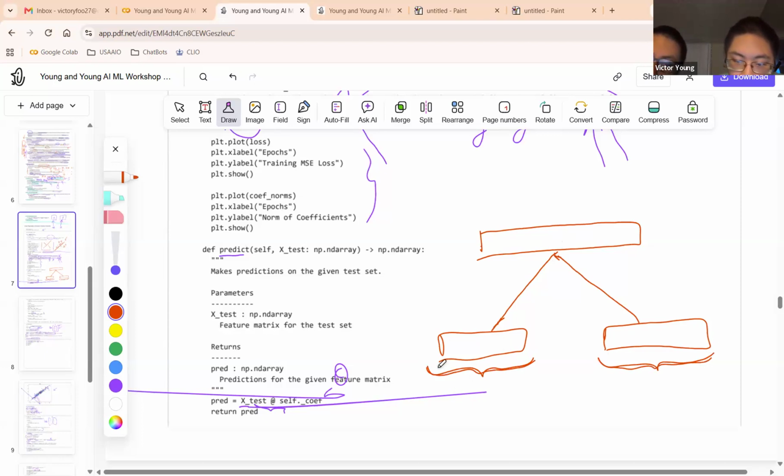So we want the split to make the overall purity greater than if it was all in here. That is what tree-based classifiers do, and that is entropy. So you want to have the maximum entropy decrease.